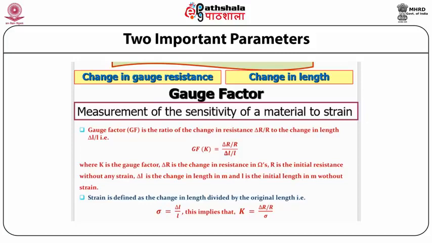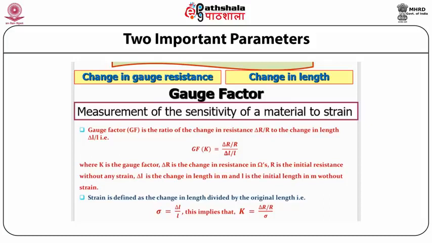Strain is defined as the change in the length divided by the original length. That is, sigma equal to delta L by L, which implies that K is equal to delta R by R divided by sigma.